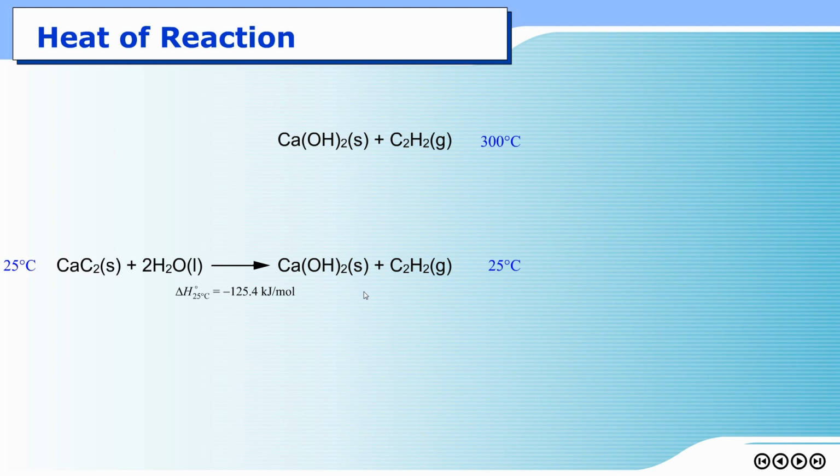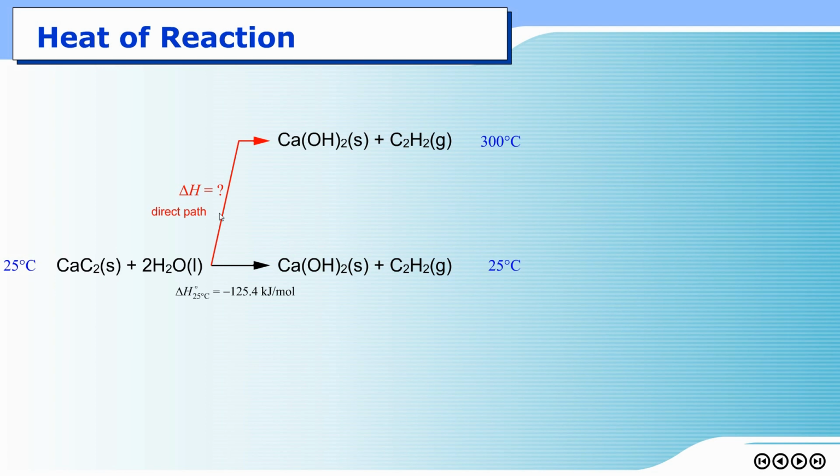Now we want to calculate the delta H for this process, the red line. How can we do that? The red line represents what I call here the direct path. It is the actual path taking place within the system.